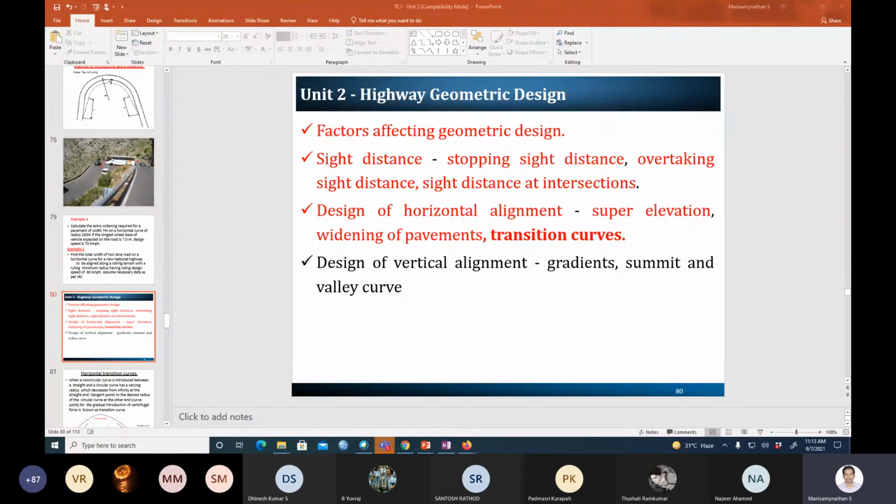If plain and rolling terrain is there, 7% is the maximum allowable. Then for hilly roads, that classification is given. So according to that, we are finalizing the E value as 0.07. If it is hilly terrain, we provide 10 percent, and that criteria we covered in the previous class. Yes, sir. Okay.